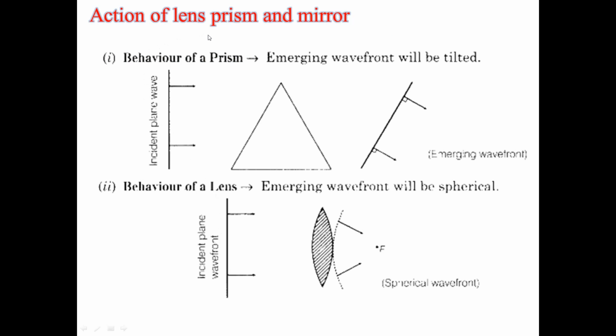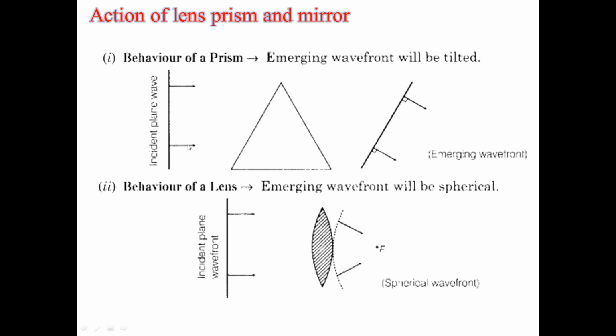Now let us see the behavior of a prism. A plane wave is incident on the prism. The part of the wavefront passing through the base has to cover more distance through the prism. Here the speed of light is less.